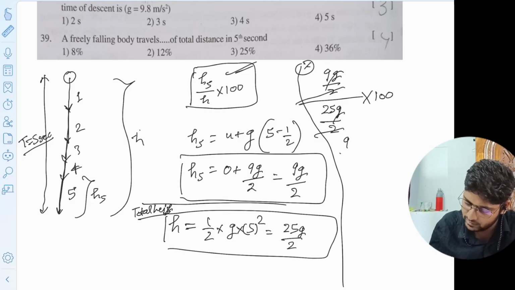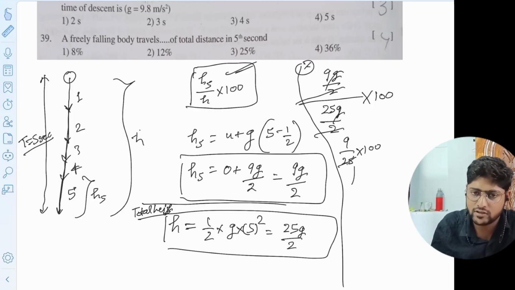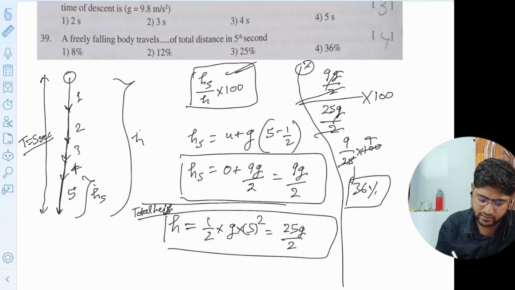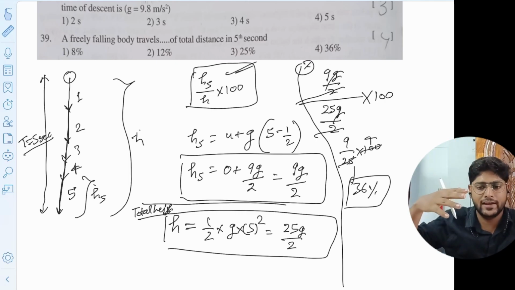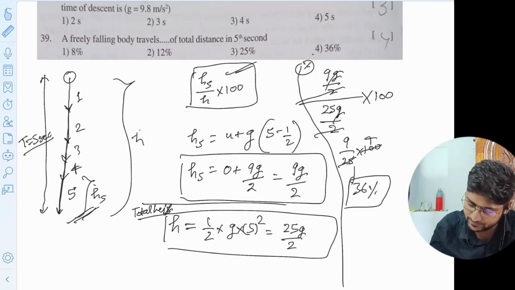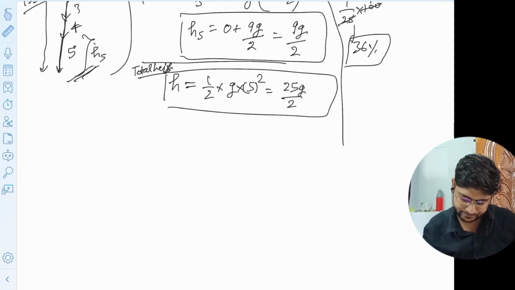So it will become 9 by 25 into 100. 25 fours are 100, so 9 into 4, 36%. 36% of the total height it will cover in the last fifth second. Understand? So 36 is the answer.